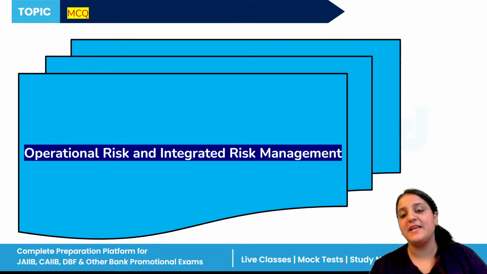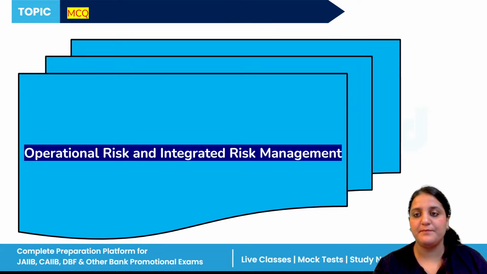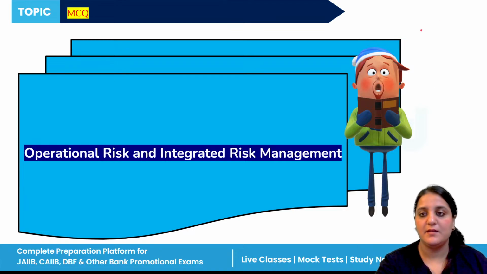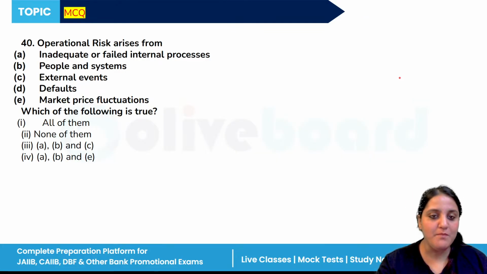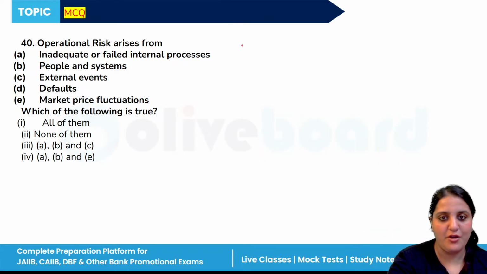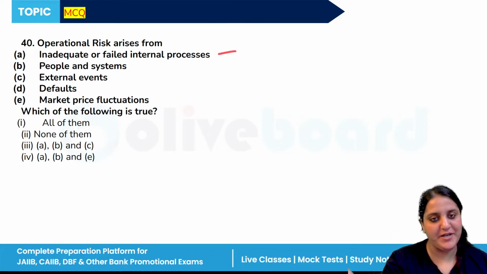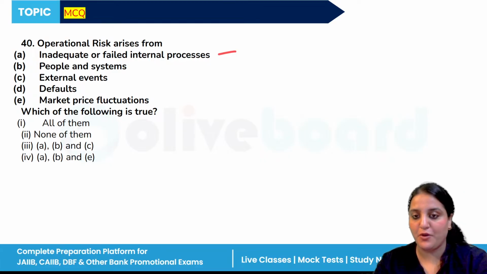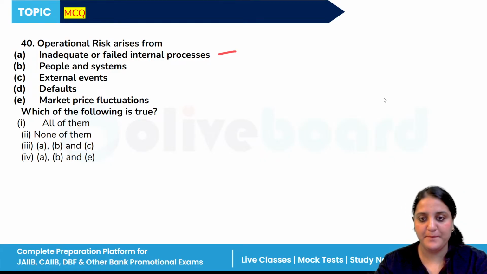Now, operational risk and integrated risk management. Operational risk is so dangerous. Operational risk arises from inadequate or failed internal processes, that is confirmed.